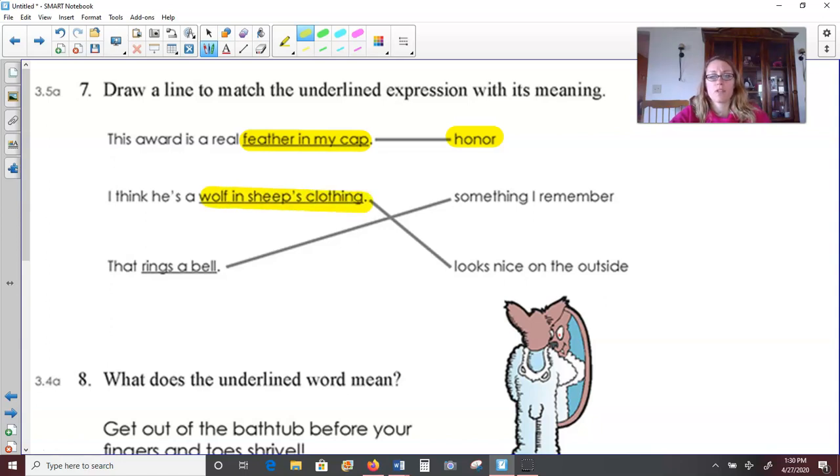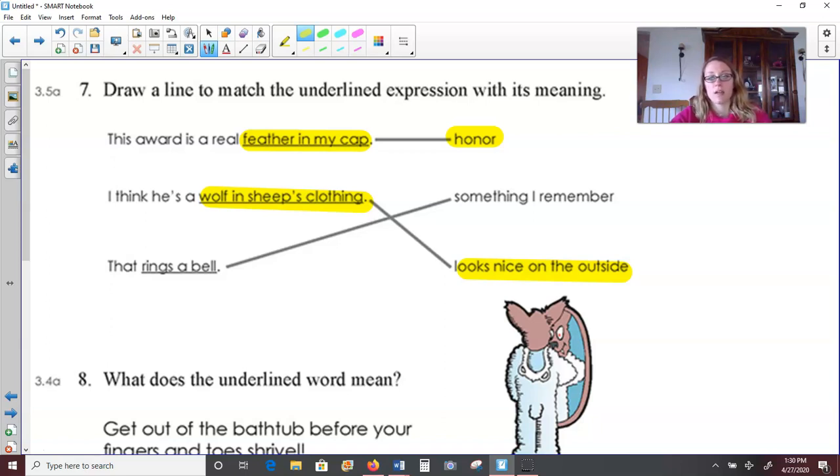A wolf in sheep's clothing, that's a disguise. Because really on the inside, you look different than you do on the outside. So that means to look nice on the outside. So on the outside, you would look like a sheep, which is much nicer than the inside, which is a wolf. Okay, so just a silly phrase.